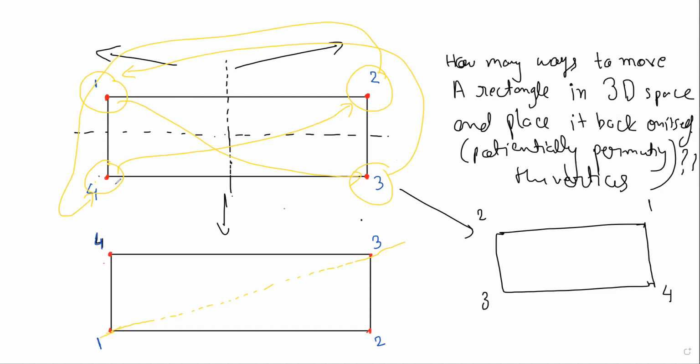So you can take the rectangle, you can, or so top, what do you mean by flip it from top to bottom? You mean by this diagonal or something?